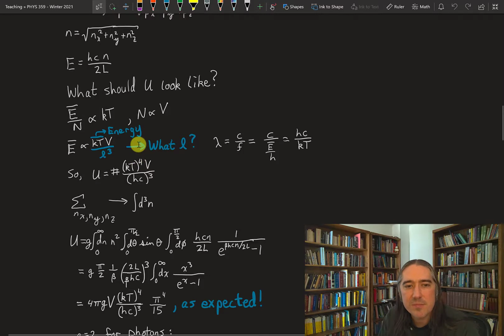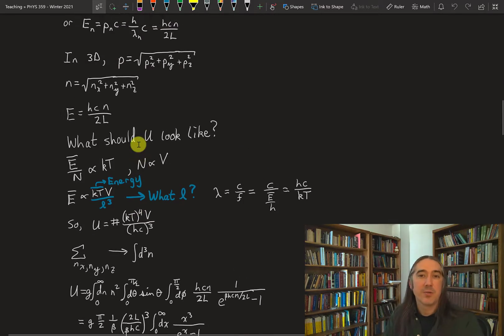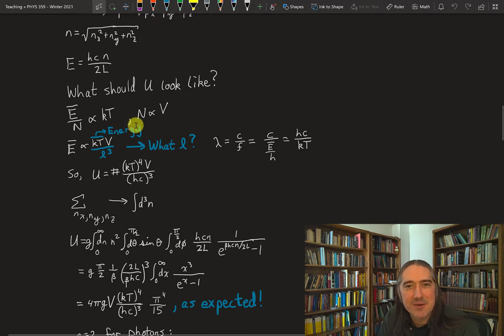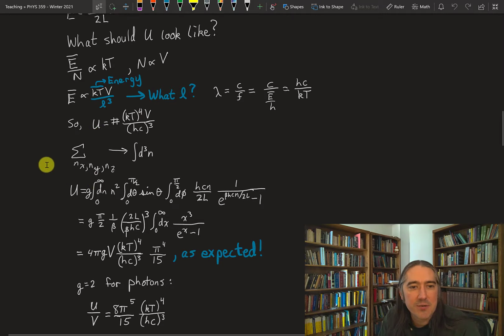Okay. Great. So now let's go find the number. After I just denigrated this poor number, let's go find the number. So what do we need to do? We need to sum over the modes. And exactly like we did when we had a gas in a box, I'm going to take a sum over this discrete n space and turn it into an integral because we're looking at a huge number of particles.